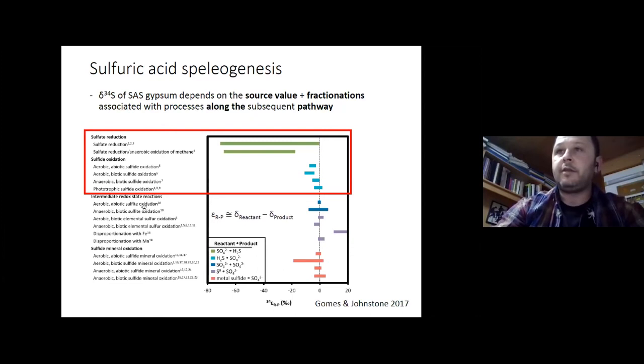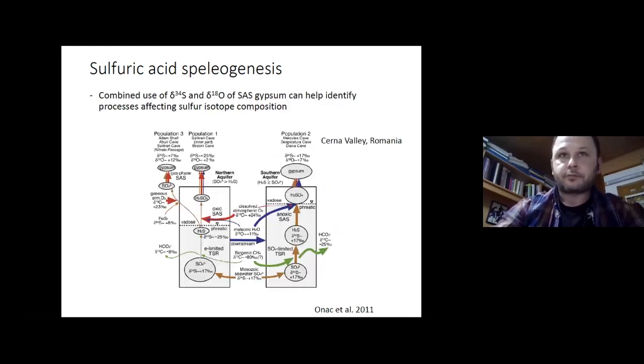In the end, it's not so straightforward to determine the source by looking at the sulfur isotopes, because it could be largely modified by processes with overlapping fractionation values.